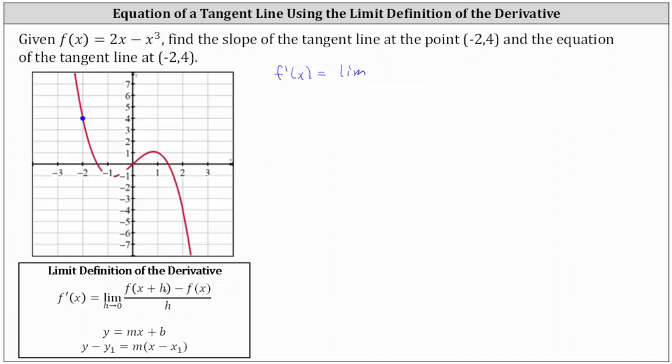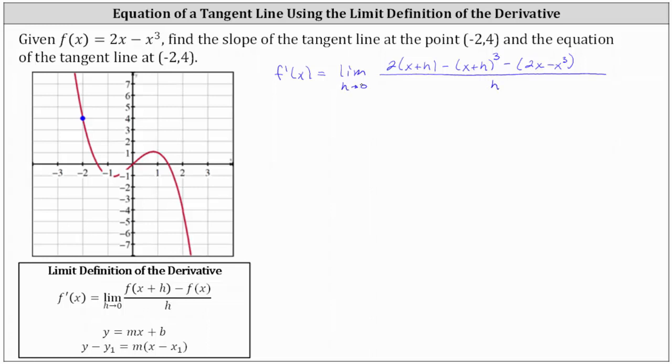To find f of the quantity x plus h, we substitute or replace x with x plus h in the given function, which gives us 2 times the quantity x plus h minus the cube of x plus h, minus f of x, which gives us minus the quantity 2x minus x cubed. We do need the expression 2x minus x cubed in parentheses so that we're subtracting the entire function. All this is divided by h as h approaches 0.